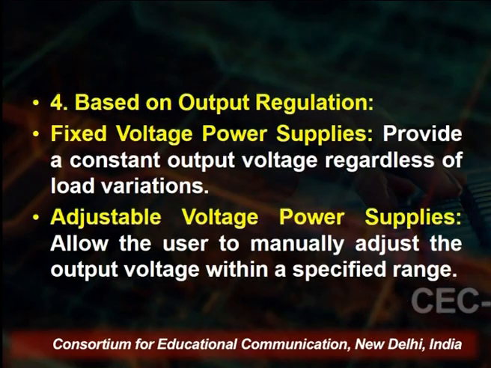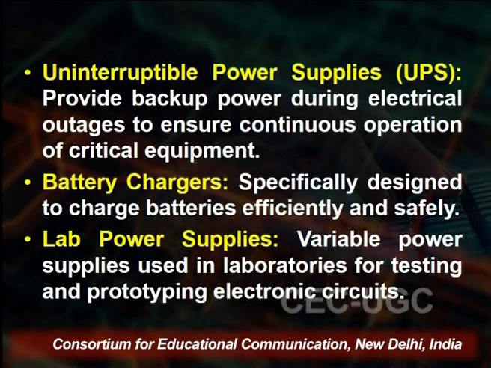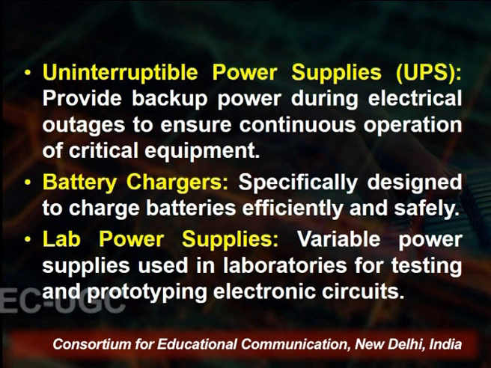In the laboratories we prototype electronic circuits, where we use a variable power supply for testing and prototyping electronic circuits. So based upon the output regulation, first is the fixed voltage, second is the adjustable voltage, third is the uninterruptible, fourth is the battery chargers, and fifth is the lab power supplies. So these are the various types of power supplies.